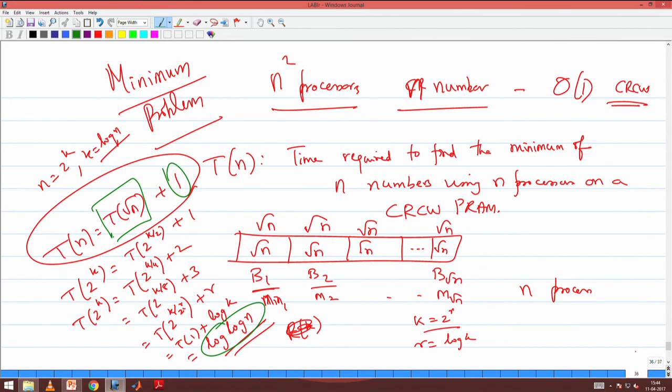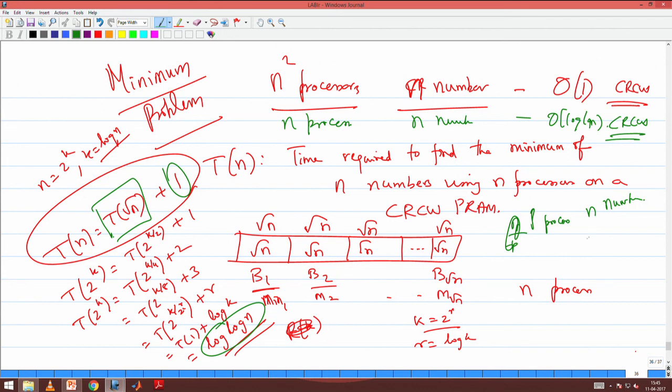So n squared processors and n numbers: order 1 time. n processors and n numbers: order log log n on the CRCW. Now what will happen if I say p processors and n numbers?